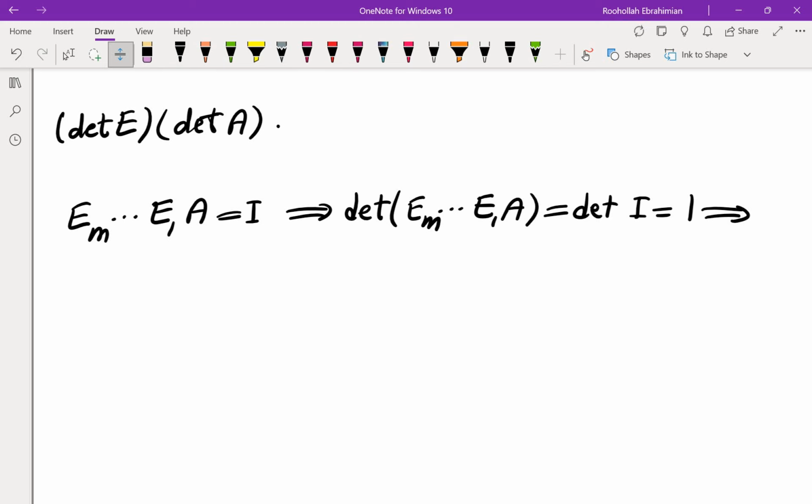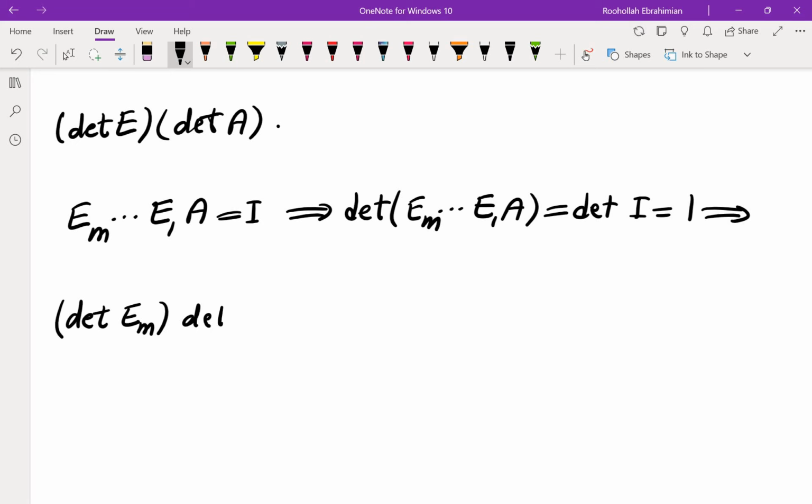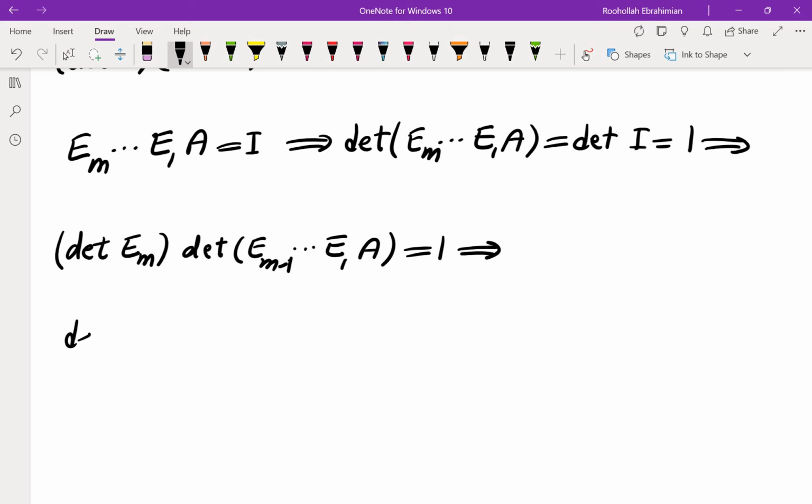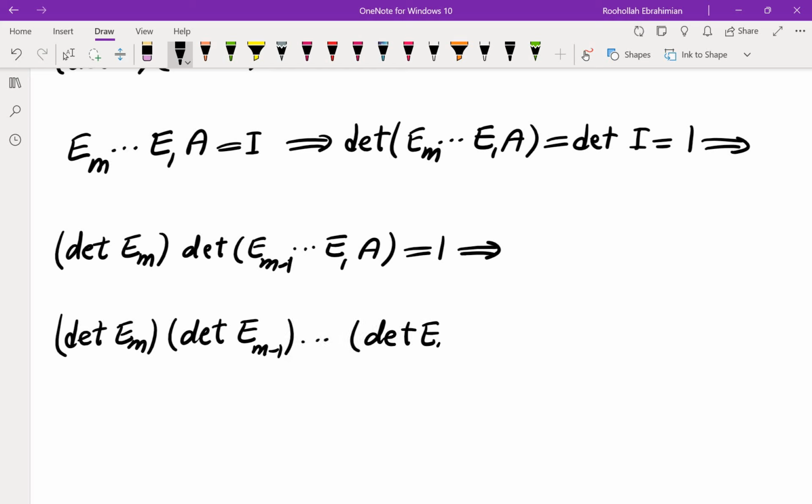So I can rewrite the determinant of EM times E1 all the way to E1 times A as the determinant of EM times the determinant of EM minus 1 all the way to E1 A. We'll just do that again and again, and we get the determinant of EM, the determinant of EM minus 1, and so on to the determinant of E1, the determinant of A equals 1.